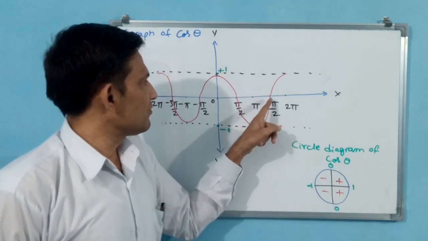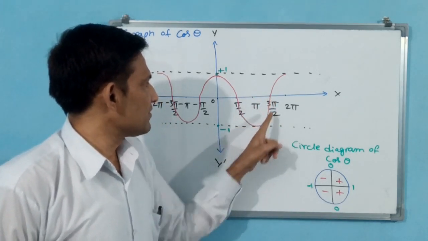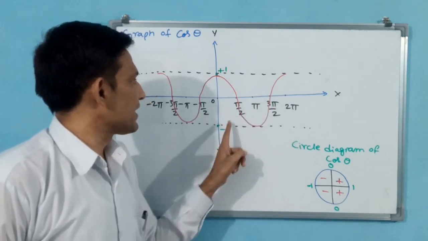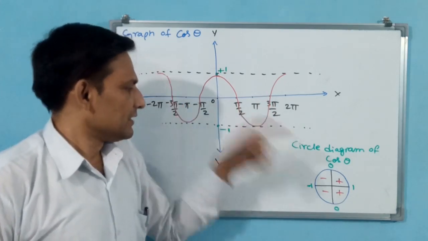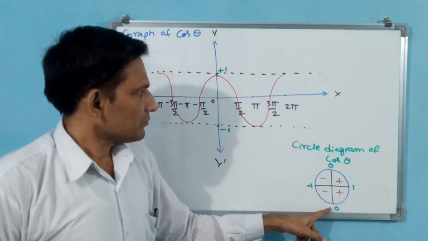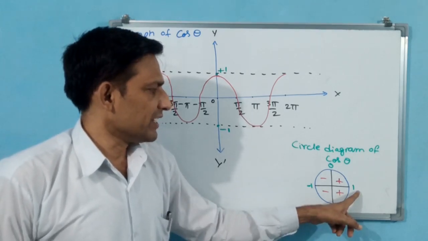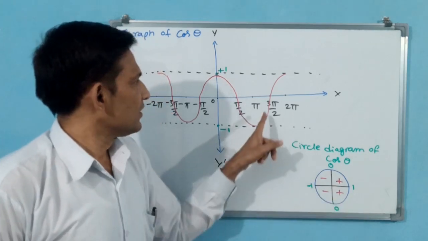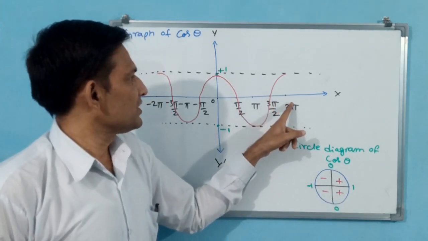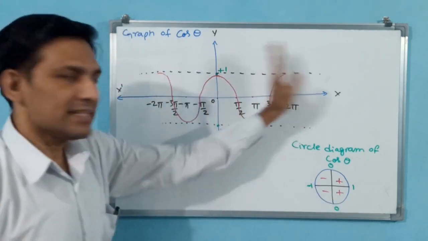From 180 degree to 270 degree, -1 to 0. This is 0, this is -1. You see, increased. Then from 270 degree to 360 degree, 0 to 1. Like that you have to take.